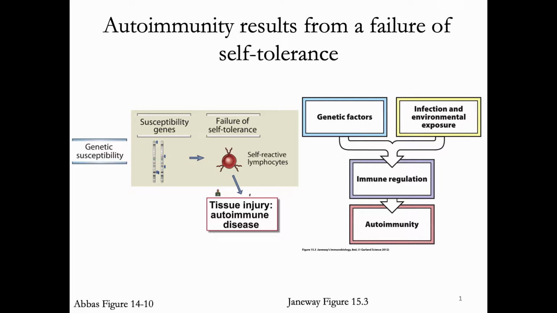And autoimmunity is the result of some failure of tolerance. This can be due to some genetic factors. This can be due to some environmental issues, either of which can alter immune regulation and lead to autoimmunity.